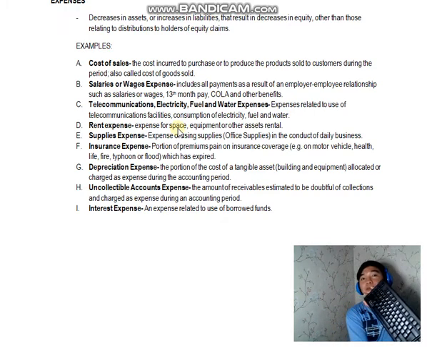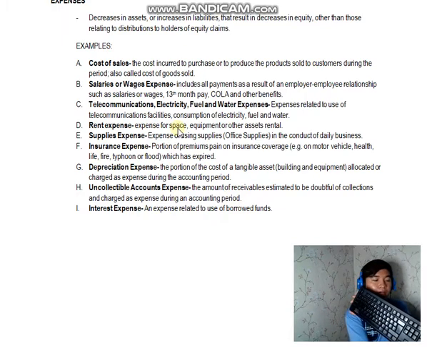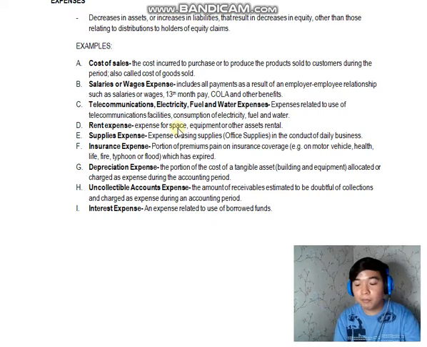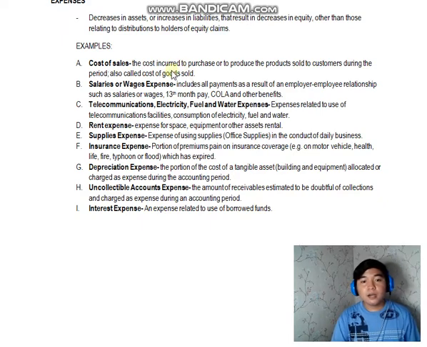Yung keyboard, kung magkano yung nabili mo dito sa keyboard, tapos binenta mo siya, okay? Yun yung cost of sales, okay? Kung magkano mo nabili yung keyboard. So, cost of sales po iyon. So, this is the cost incurred to purchase or to produce the product sold to customer, okay?